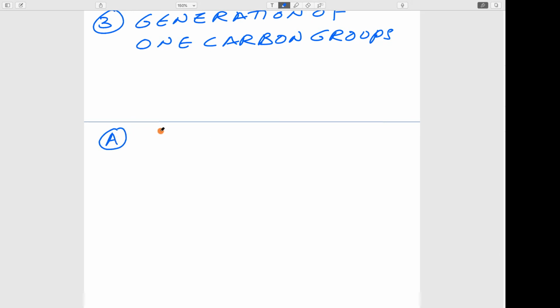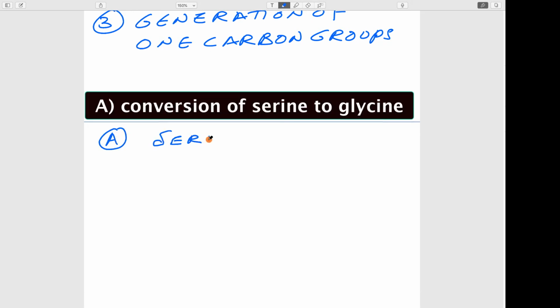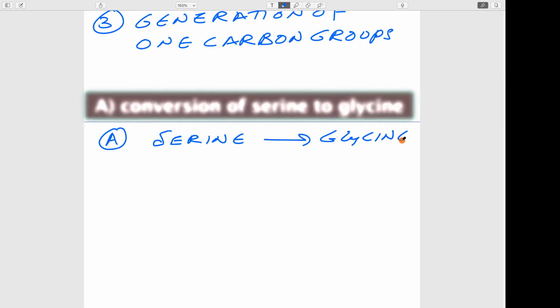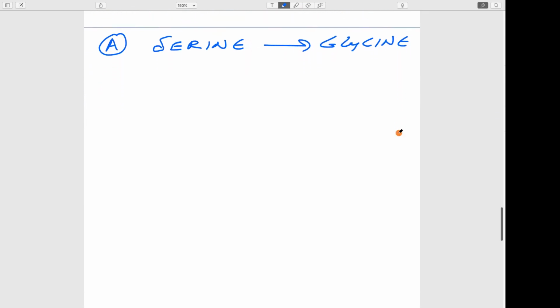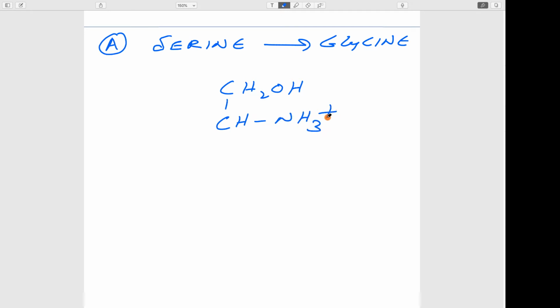A is conversion of serine to glycine. There is glycine formation from serine. Serine is a hydroxyl group containing amino acid; other amino acids with a hydroxyl group are threonine and tyrosine.